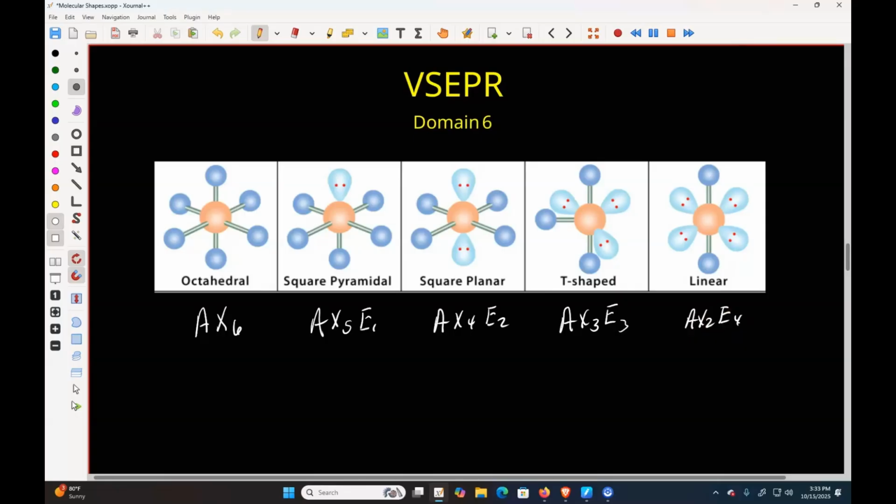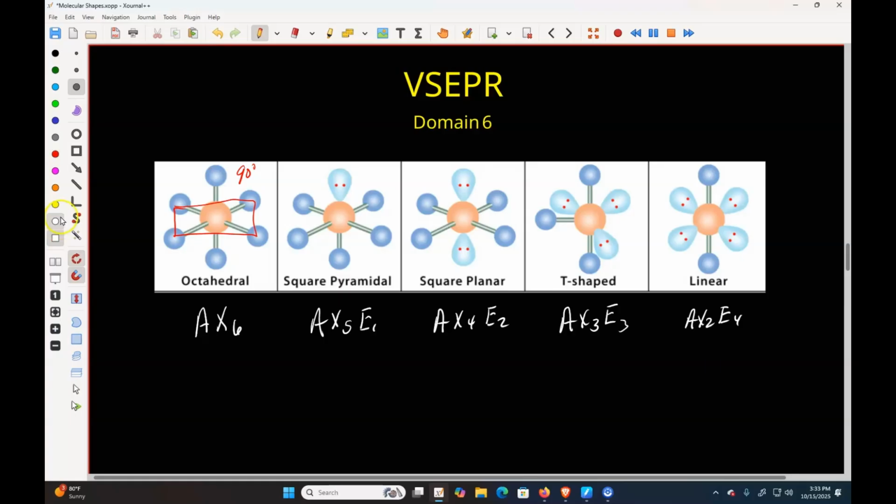Okay, so the AX6 is an octahedron, and all of the angles are 90 degrees on all the different planes. These four are in a plane around the central atom. Then I have a bond perpendicular up and one perpendicular going downward.